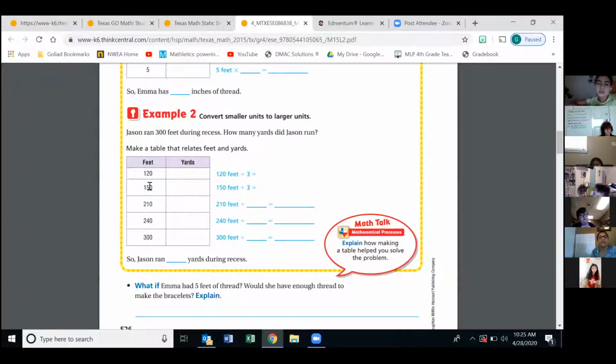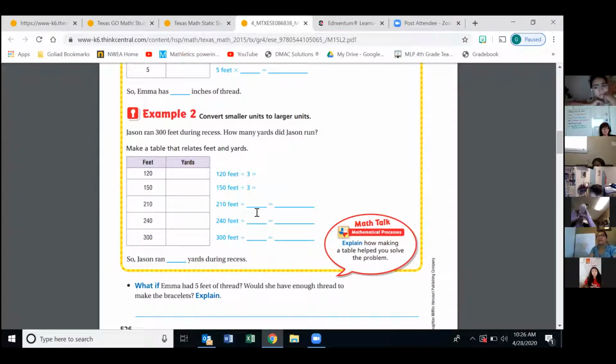They gave you 120 feet divided by 3. Can you tell me what that would be? 120 divided by 3. Boys and girls, can 3 go into 1?